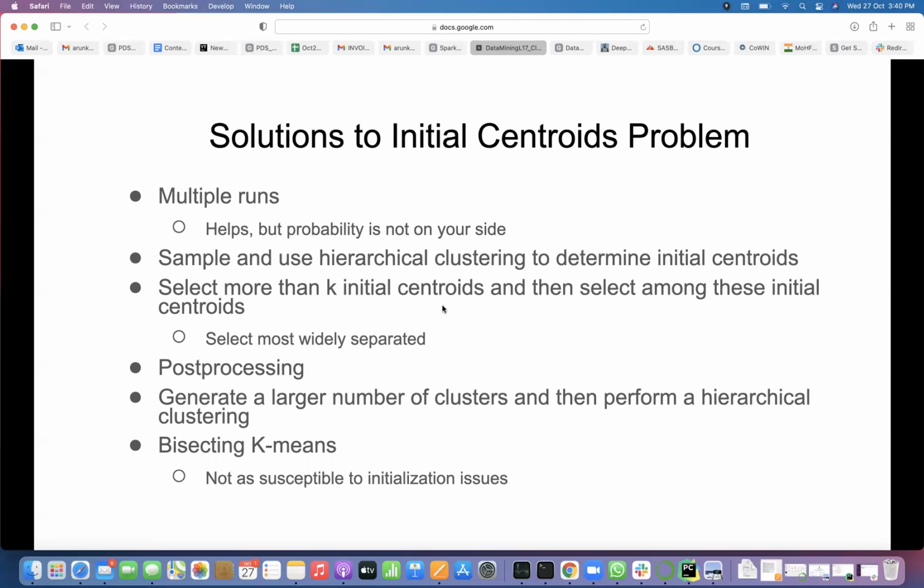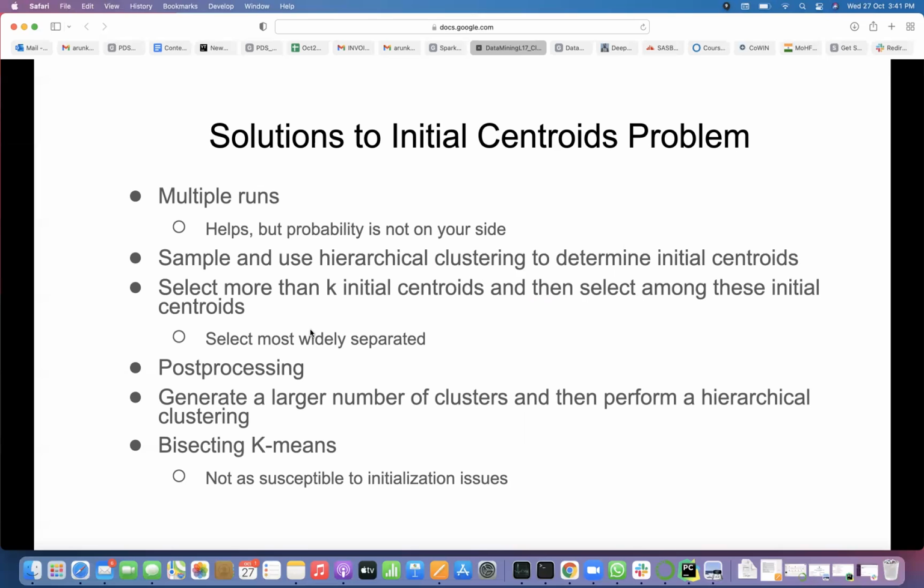Select more than k initial centroids and then select among these initial centroids. So another way is you select more centroids, then select among these initial centroids. If you select some 3k, from 3k you bring it down to k based on which clusters are close.